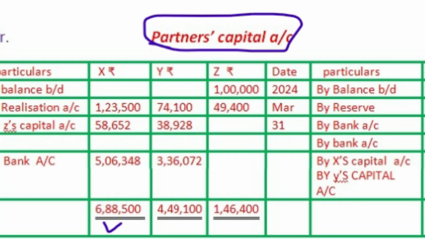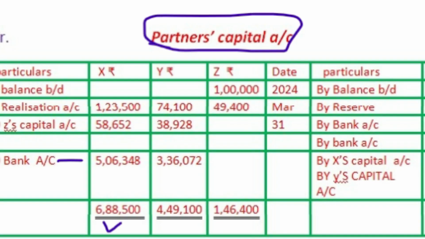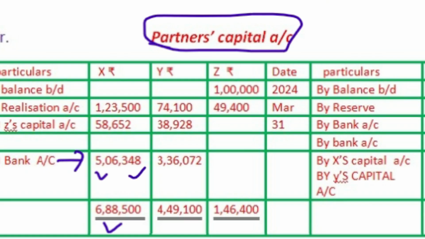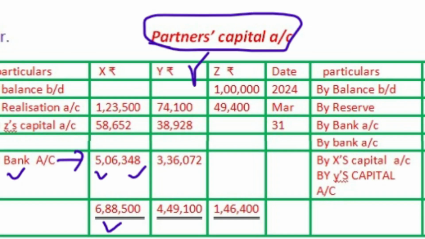The difference amount, 5,06,348, X will take back from the partnership firm. The journal entry will be X's capital account debit to bank account, and similarly Y will receive the amount from the firm after the dissolution of the partnership.